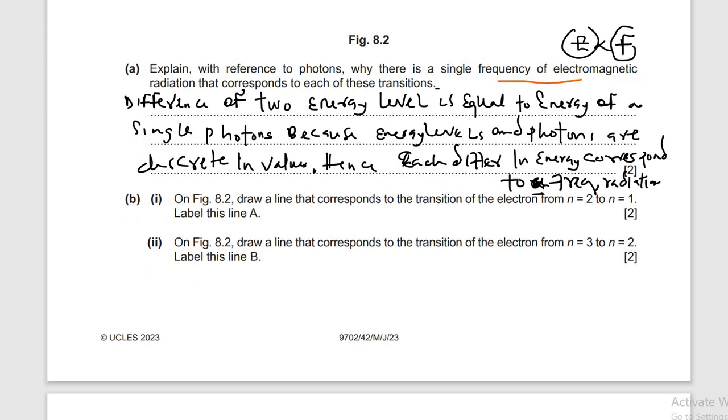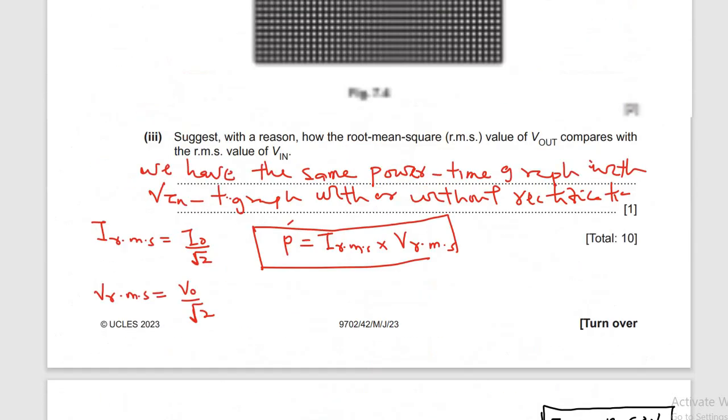The next one, on figure 8.2, draw a line that corresponds to the transition n to 2 and label it A. 3 to 2, label it B. We should do it on figure 8.2, okay?